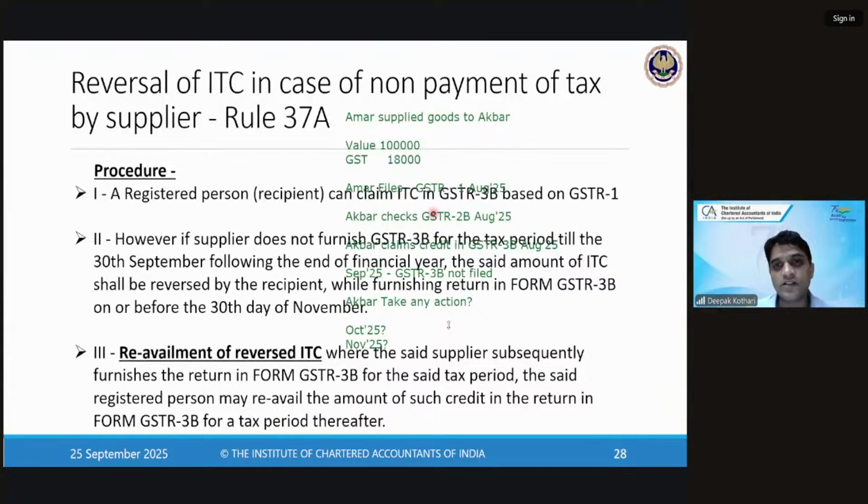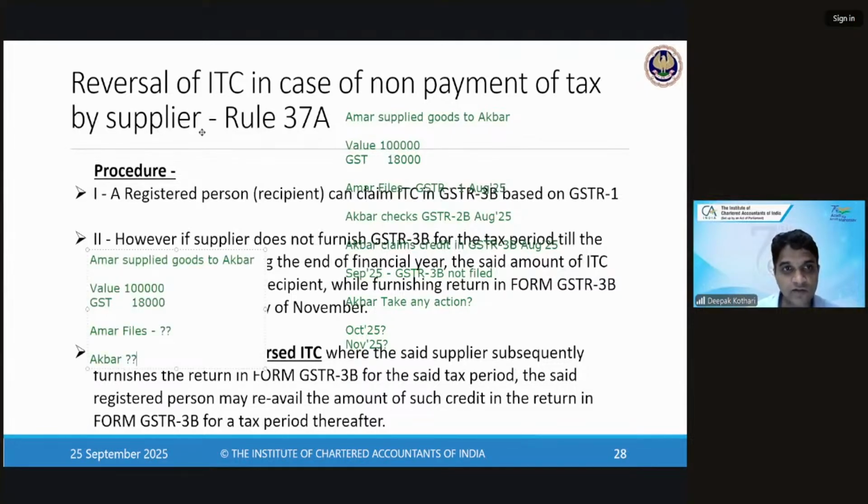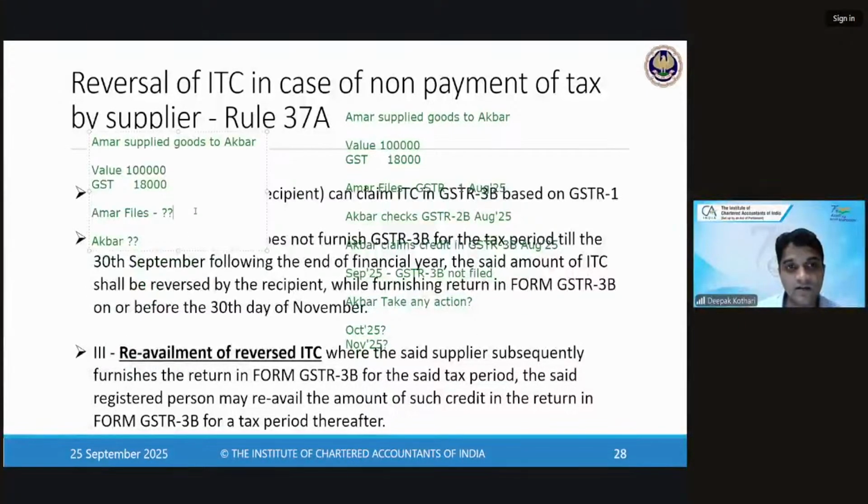So what does this provision say? Amar has supplied goods of this value, Amar filed GSTR 1, and Akbar has checked his GSTR 2B and claimed the credit in GSTR 3B.